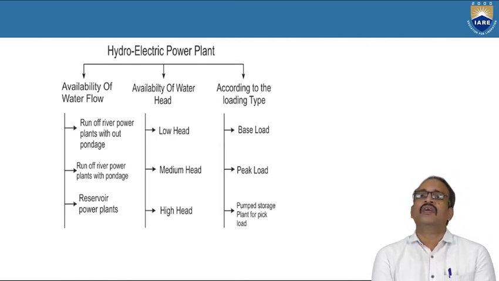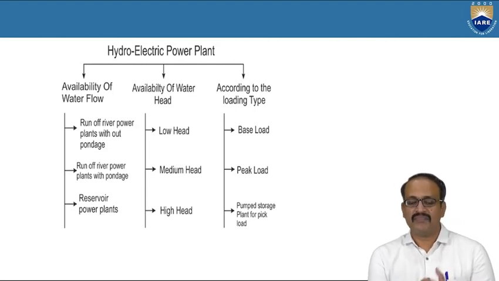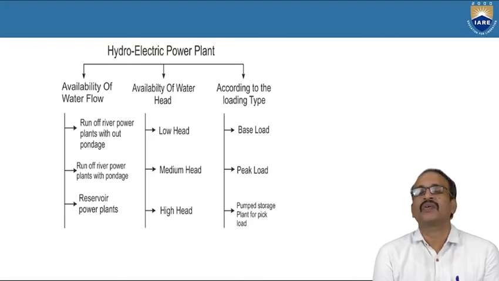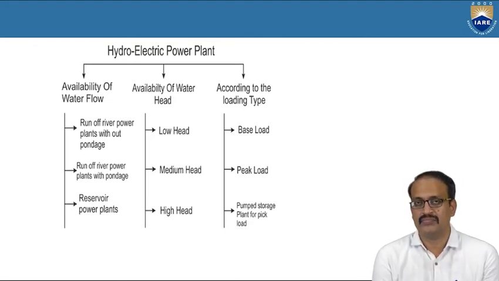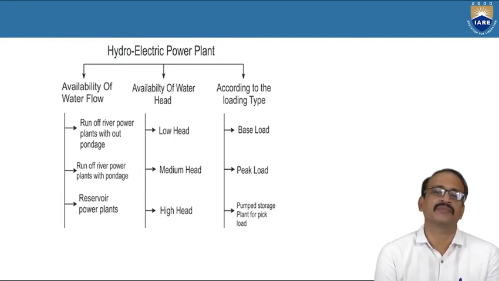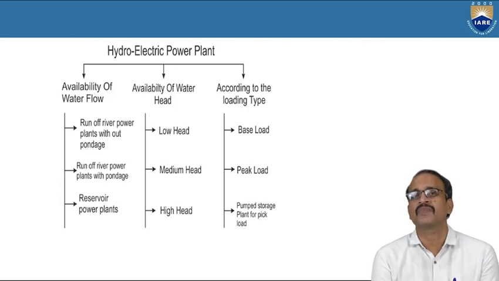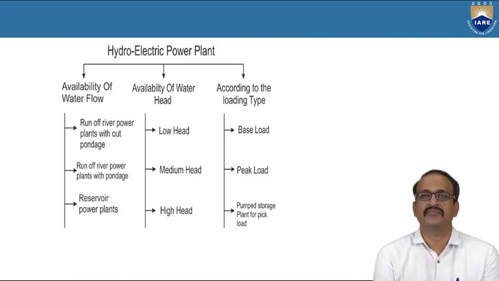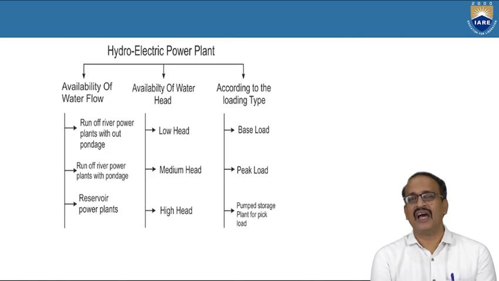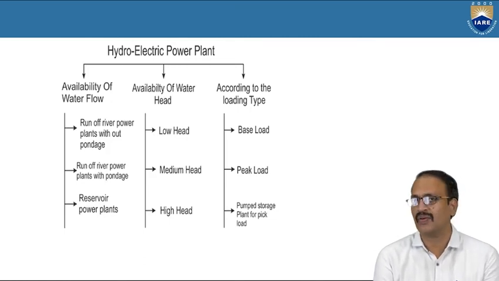We have observed this, and based on the load, whether the power you have developed is meeting all the types of loads, then it is very good. But that is not practically possible. All dams cannot meet all the loads because of some constraints.